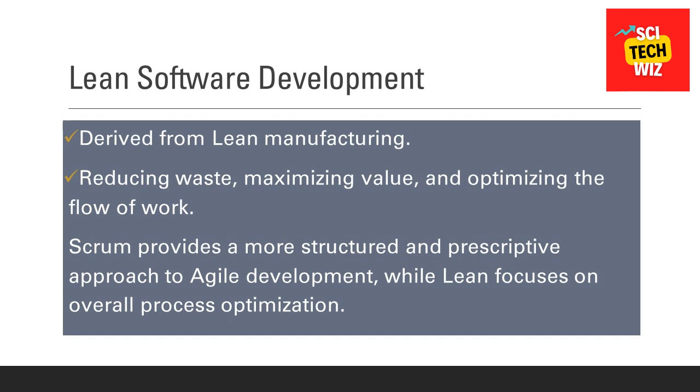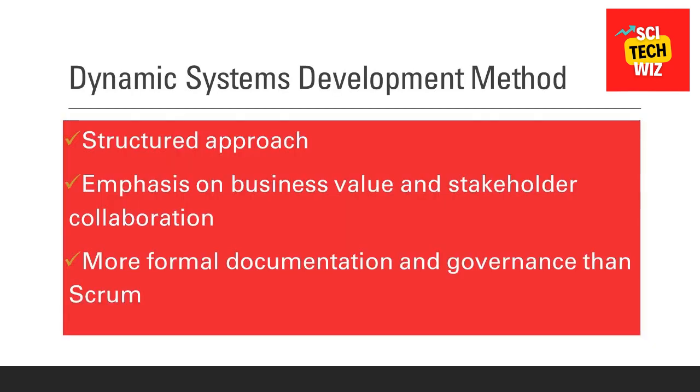Lean software development is a set of principles and practices derived from lean manufacturing. It emphasizes reducing waste, maximizing value, and optimizing the flow of work. Scrum provides a more structured and prescriptive approach to Agile development, while lean software development focuses on overall process optimization. And the final one is DSDM, Dynamic Systems Development Method.